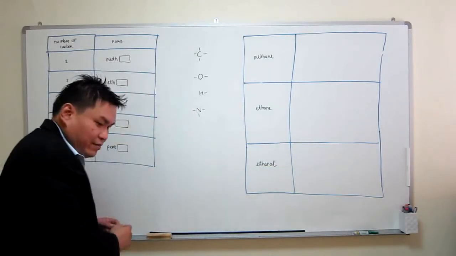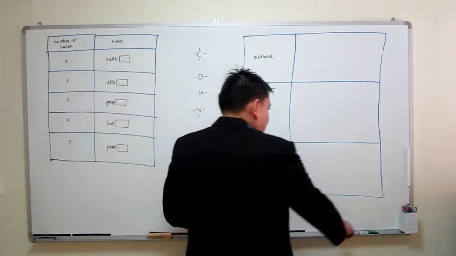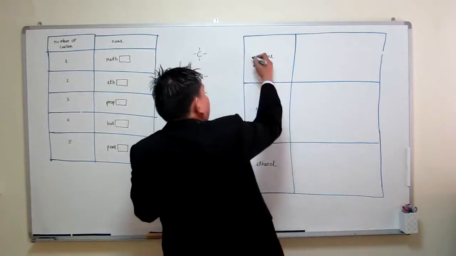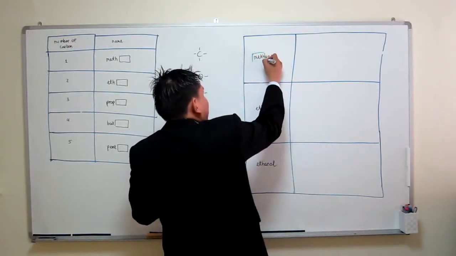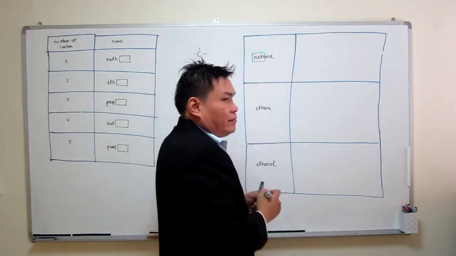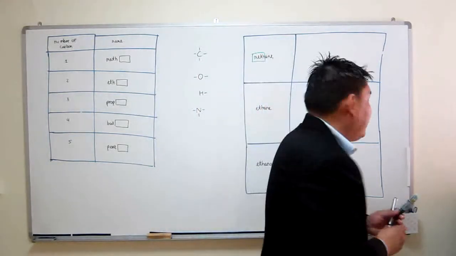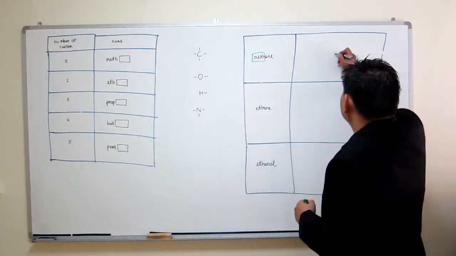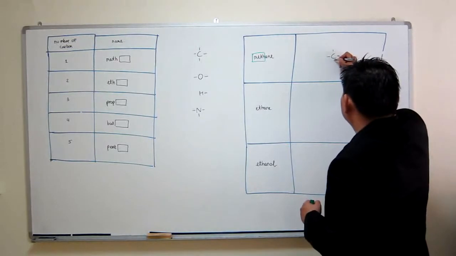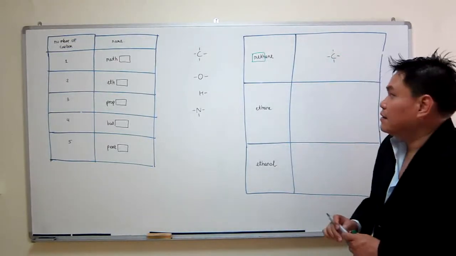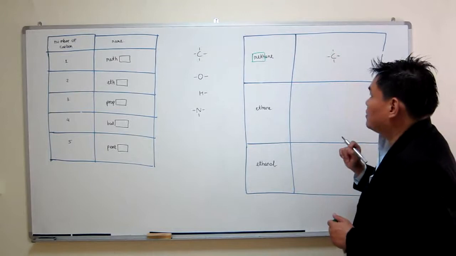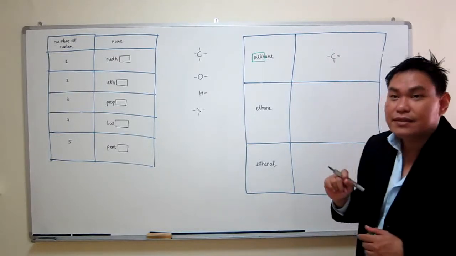Then it's going to be very simple. You see the word meth, which means you draw only 1 carbon. This carbon must be connected with something.